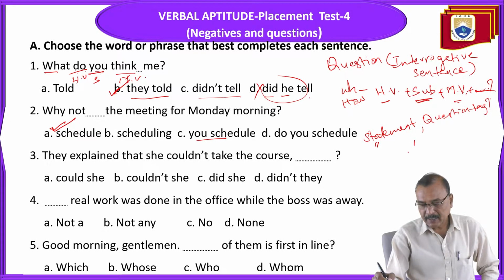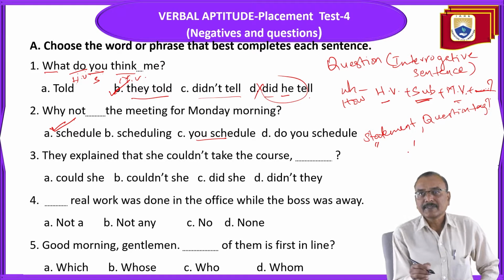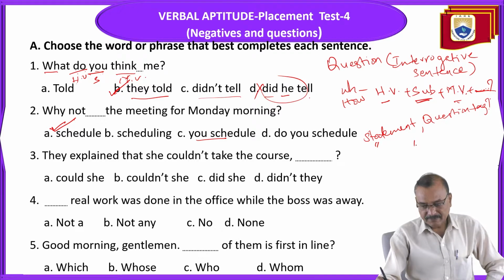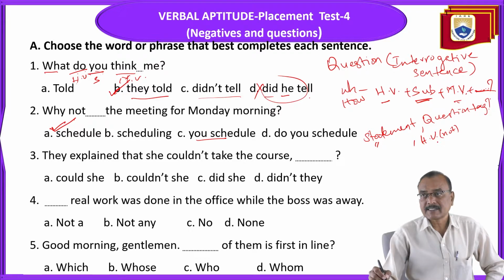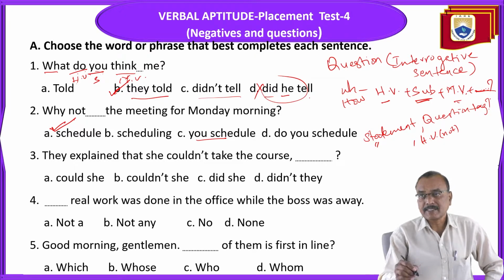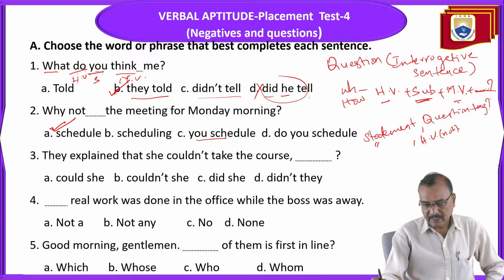See the question tag here. After the statement, the question tag structure will be helping verb, if required, followed by not for positive statements, then followed by the subject in pronoun form.